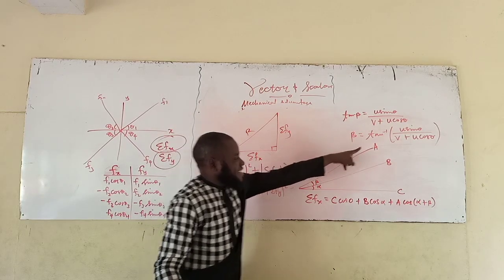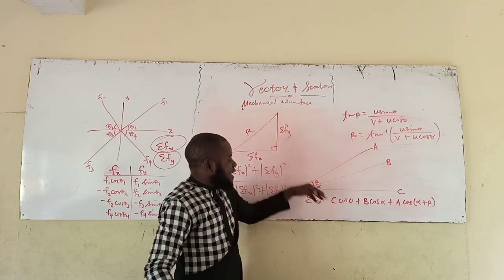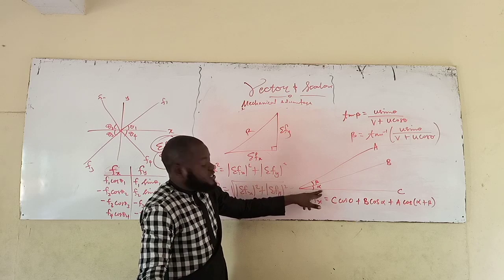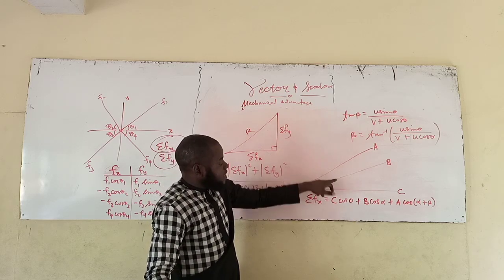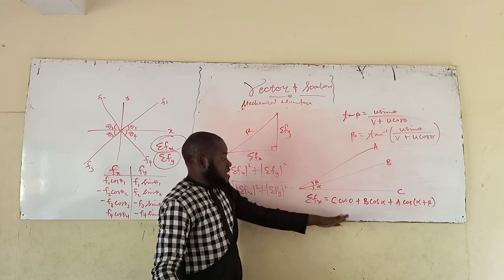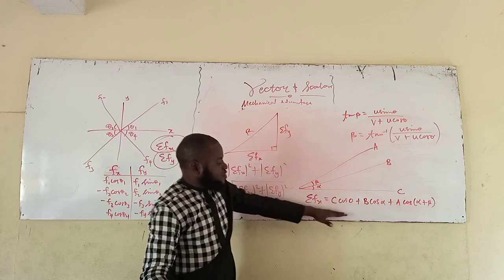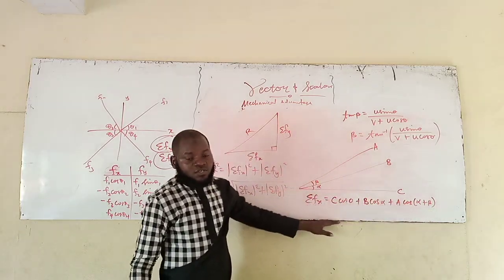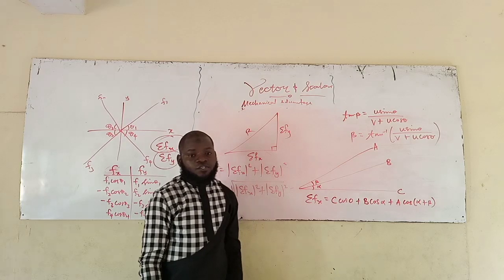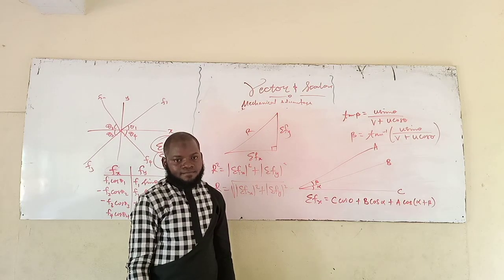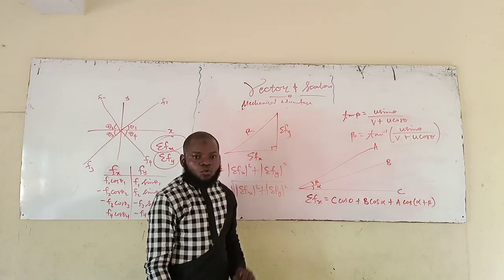Because the angle that A is making with the horizontal is right from here to this place, not from here to this place. So you have to be careful. Whatever result you have when you add all this together is the result for the horizontal component. Am I making sense?